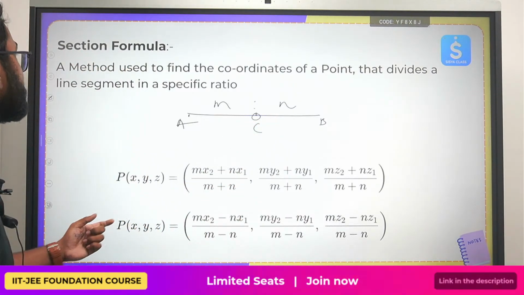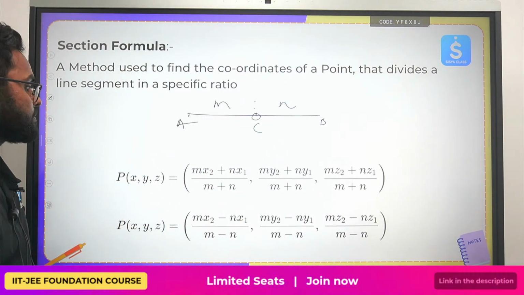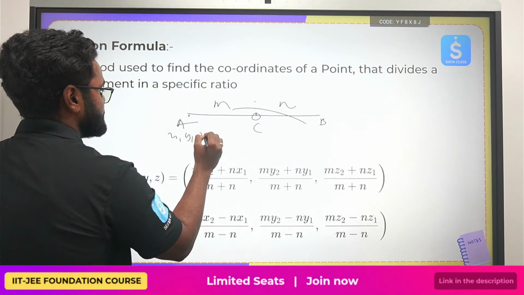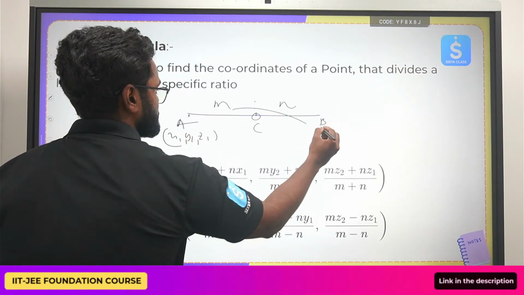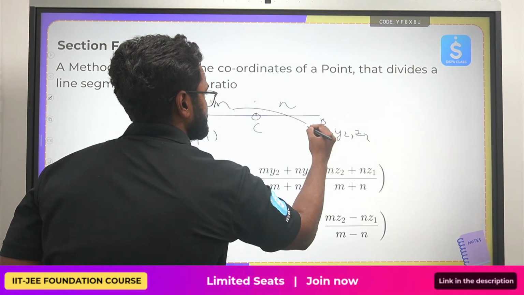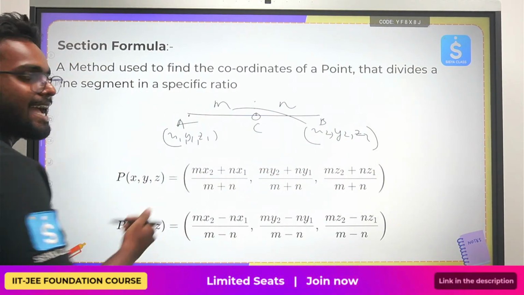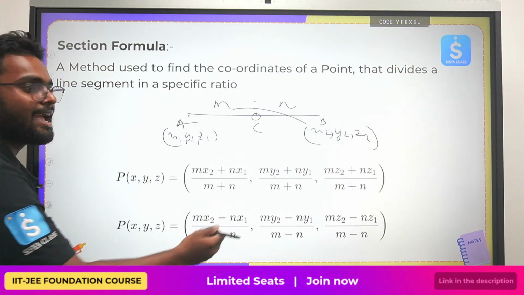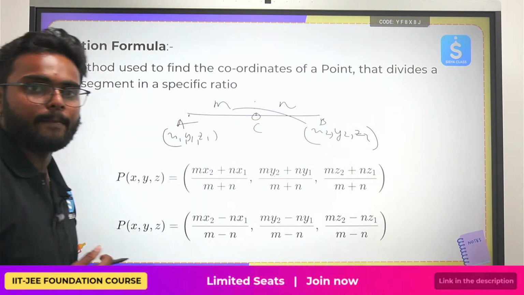Now, the section formula, if we have x1, y1, z1 and x2, y2, z2, is found by cross multiplying: mx2 plus nx1 by m plus n, comma, my2 plus ny1 by m plus n, comma, mz2 plus nz1 by m plus n.